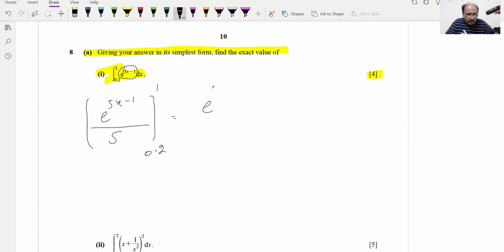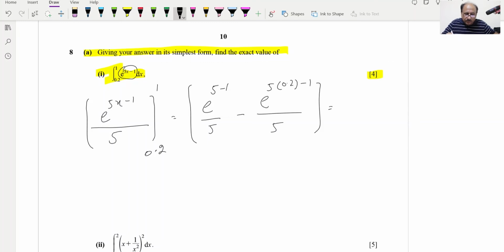So it will be e raised to 5 minus 1 over 5, and the second will be the lower limit, which will be e raised to the power 5 into 0.2 minus 1 over 5, and this we can put in brackets.